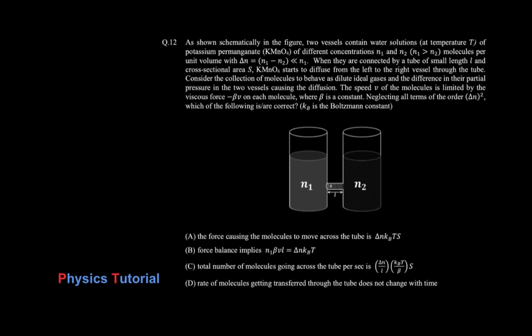Del N equal to N1 minus N2 is very much less than N1, so the condition given is N1 is greater than N2. When they are connected by a tube of small length L and cross-section area S, KMnO4 starts to diffuse from left to right.